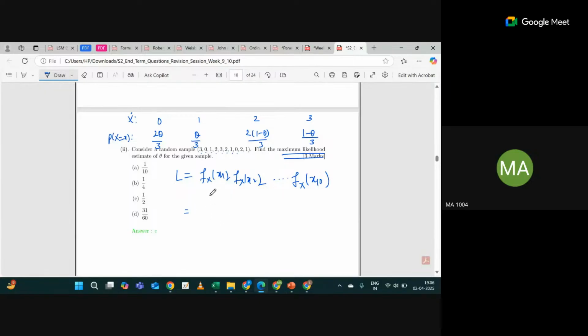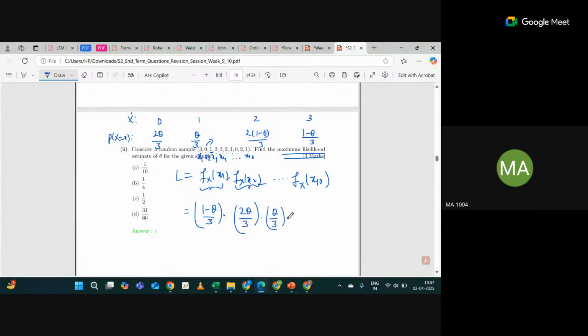Let's say x1 is 3, x2 is 0, and so on up to x10. For x1 equal to 3, the probability of observing 3 is 1 minus theta by 3, and the next one, x2 is 0, fx of x2 is 2 theta by 3, then theta by 3.